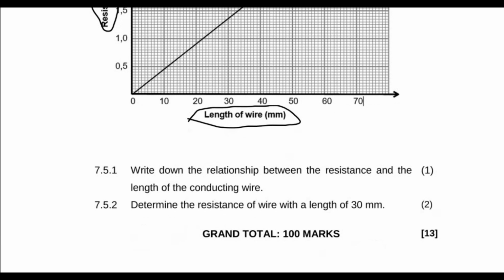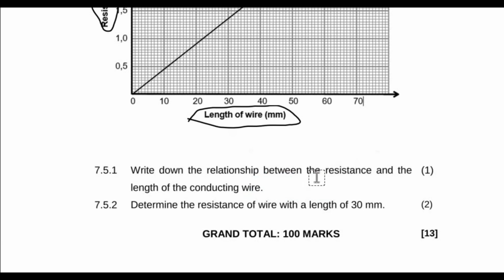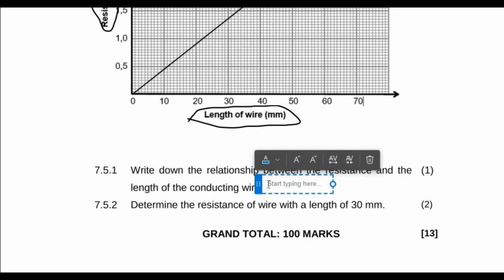And question 7.5.1 says, write down the relationship between the resistance and the length of the conducting wire. We said that as the length of the wire increases, the resistance increases.